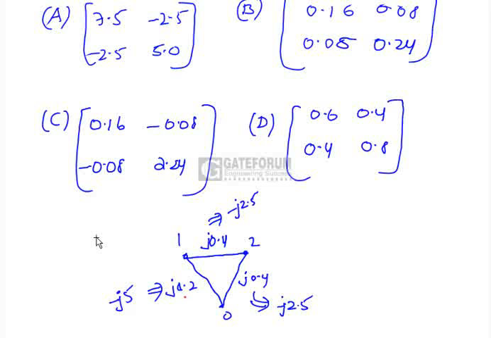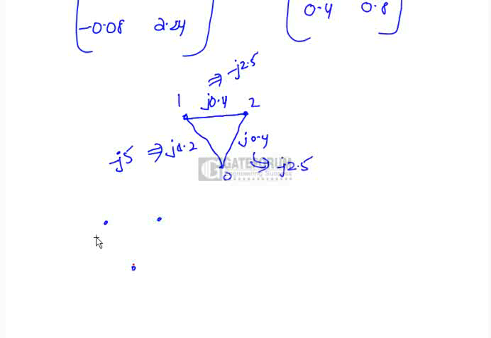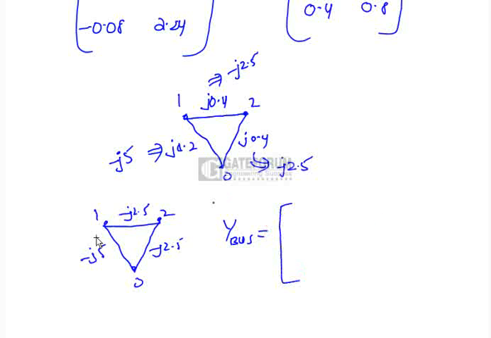Now you can find the Y bus matrix using the direct admittance method. This is 1, 2 and 0, with minus J2.5, minus J2.5 and minus J5. In the direct admittance method, the diagonal elements are represented as positive and the off-diagonal elements as negative.